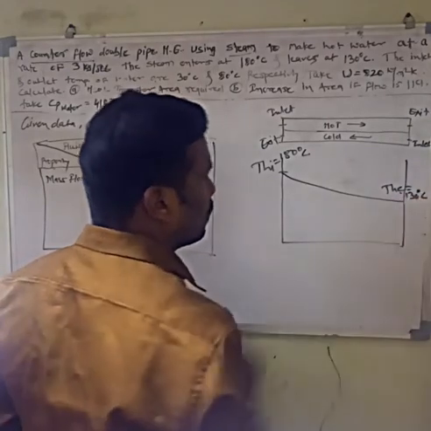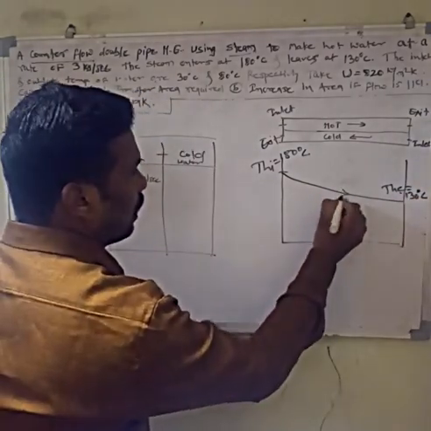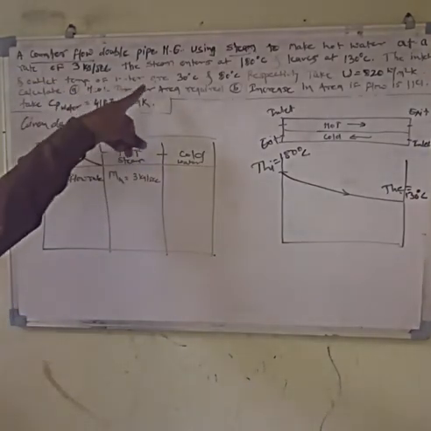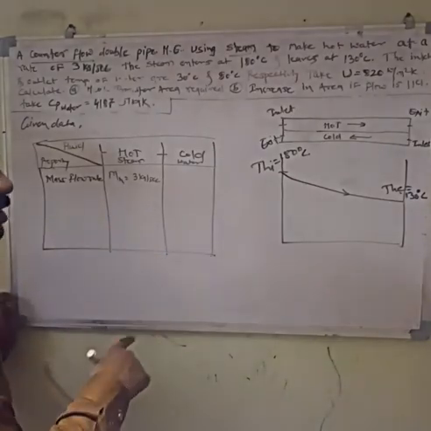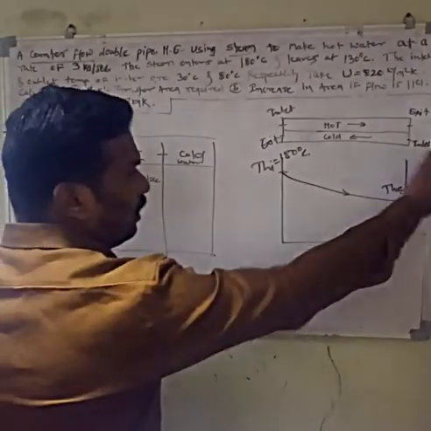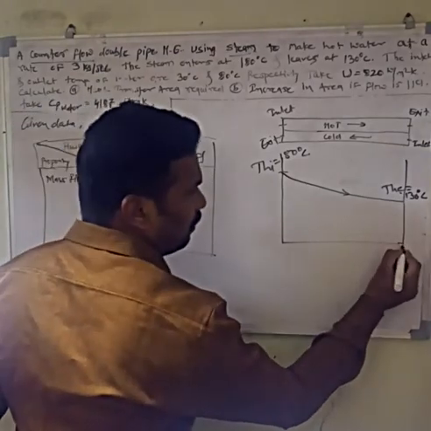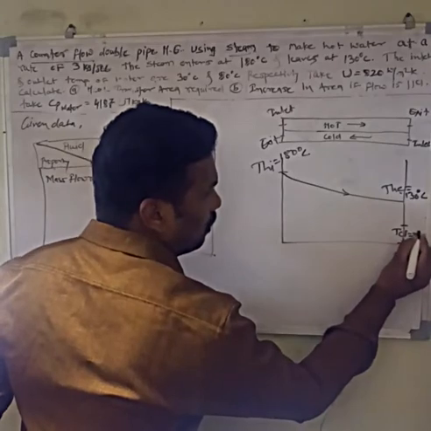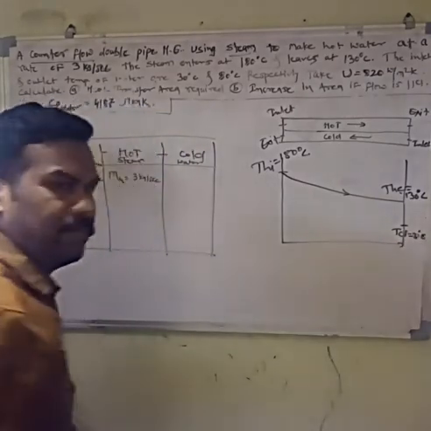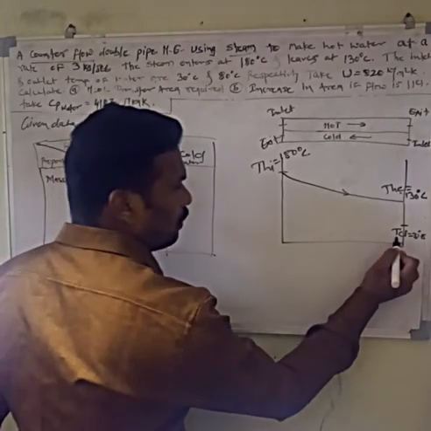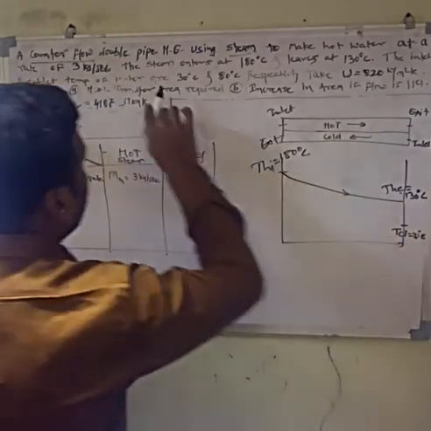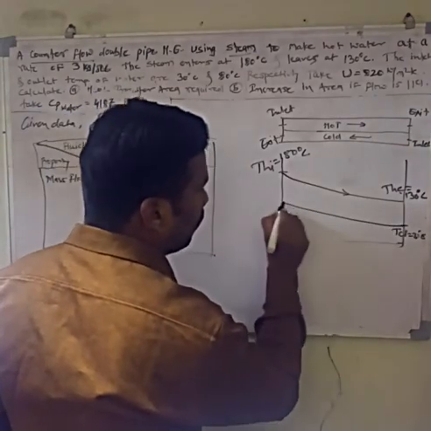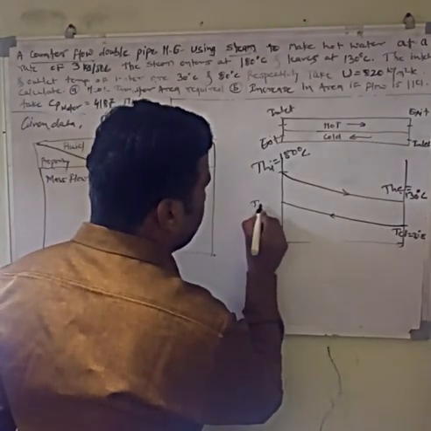Then the inlet and outlet temperature of water are 30 and 80 degree centigrade. Water enters from the right hand side, so TCI equals 30 degree centigrade. TCI means temperature of cold fluid at inlet, and its exit temperature is 80, so the temperature increases from 30 and becomes TCE equals 80 degree centigrade.